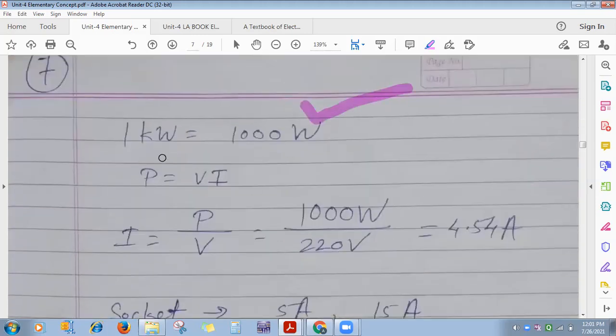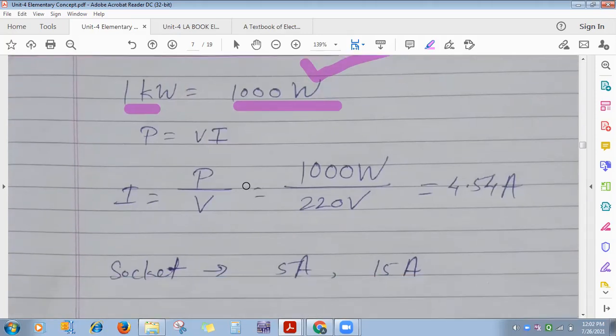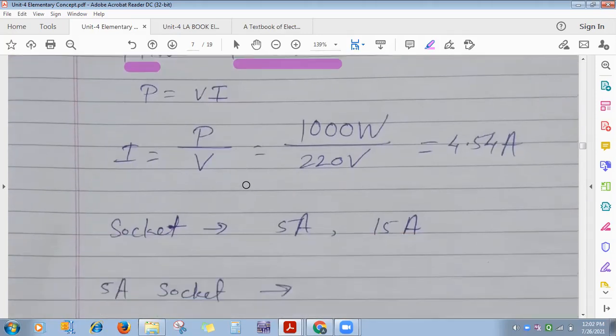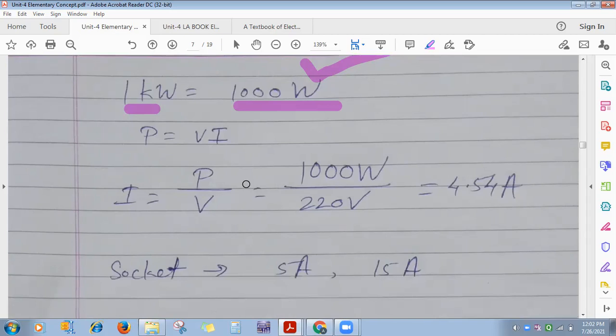Now 1 kilowatt: kilo is there, so we can write it as 1 into 10 to the power 3, so 1000 watt. One minute, for what have I written this? Whenever for any instrument it is given that its power rating is 1 kilowatt, and across it you are going to apply 220 volt, what will be the current flow?